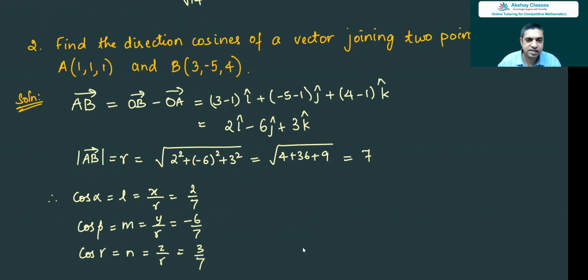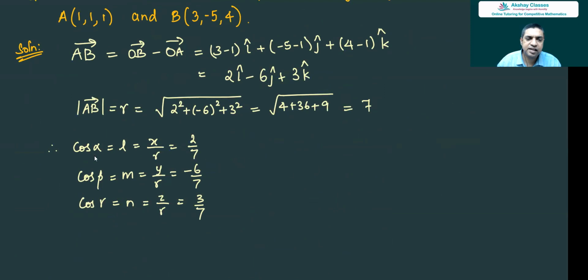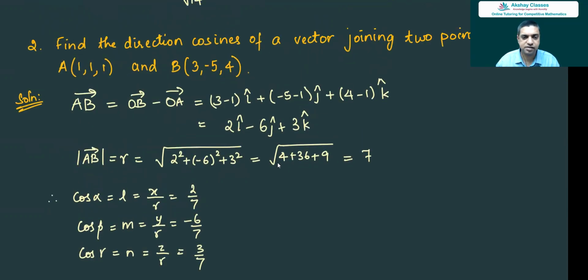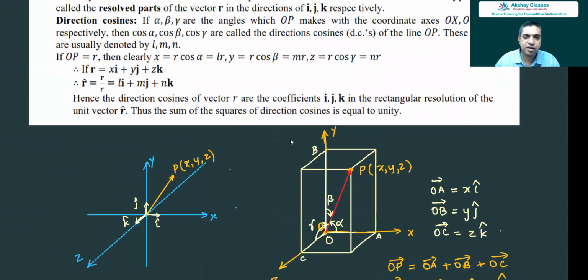Okay, so these are the direction cosines. Each of these values represents cos of the angle made by the vector with respect to the x-axis, y-axis, and the z-axis. So that is about the direction cosine.